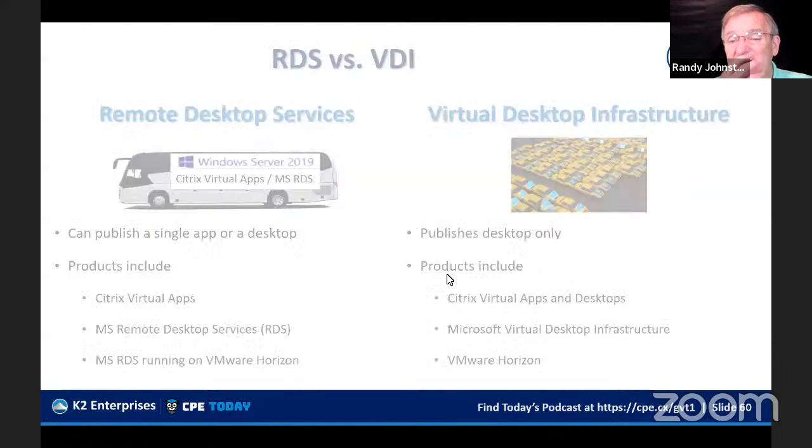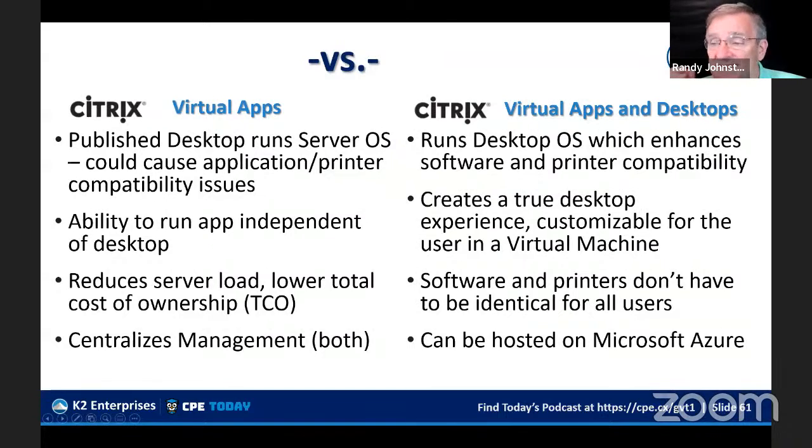So if we take Citrix Virtual Apps versus Citrix Virtual Apps and Desktops, Citrix Virtual Apps is a published desktop that runs a server OS. It could cause some application and printer compatibility issues, as opposed to Citrix Virtual Apps and Desktops, which runs a desktop OS, which enhances software and printer compatibility. Virtual Apps and Desktops creates a new true desktop experience, customizable for the user in a virtual machine.